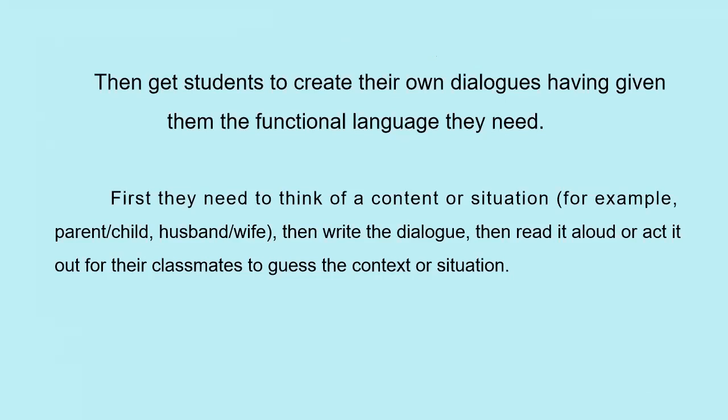So then get students to create their own dialogues, having given the functional language they need. First, they need to think of a context or situation, for example, a parent and a child, or husband and a wife. Then write the dialogue, then read it aloud or act it out for their classmates to guess the context or the situation.